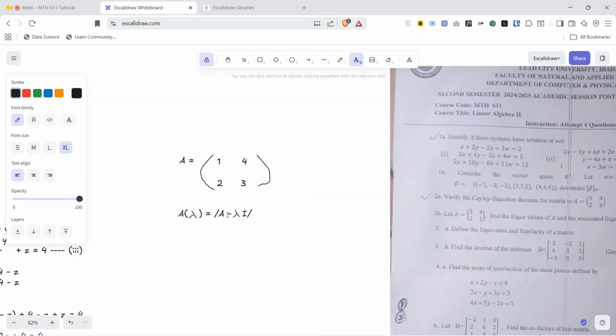To solve this, this would be matrix A, what we have as A, that is what we have here, which is 1.